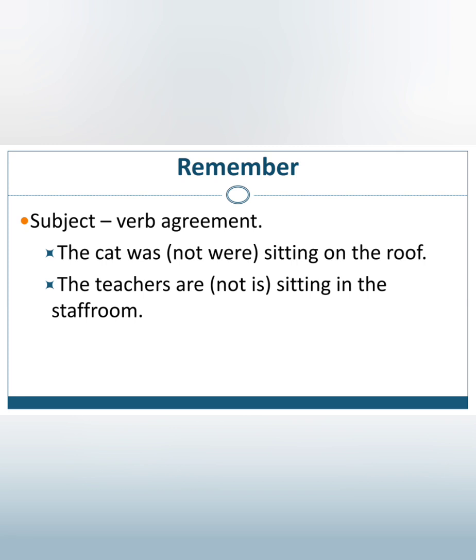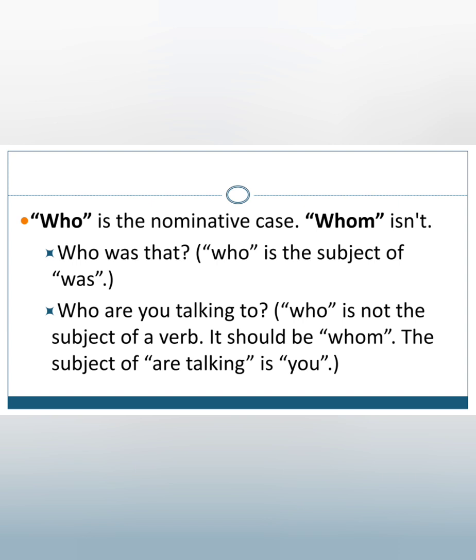Next point. Who is the nominative case. Whom isn't. It means in nominative case to identify the subject we ask the question who or what before the verb, not whom.